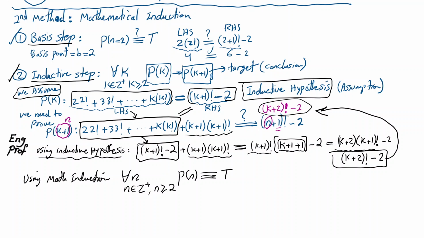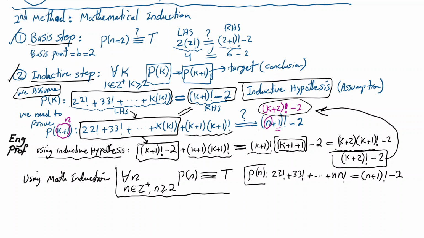What is p of n? P of n is the statement that says 2 times 2 factorial plus 3 times 3 factorial plus dot dot dot up to n times n factorial is equal to n plus 1 factorial minus 2. That is the meaning of p of n, and we just proved that for any positive integer, this statement is correct.